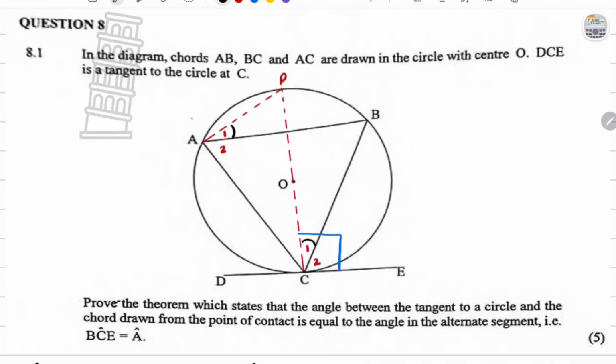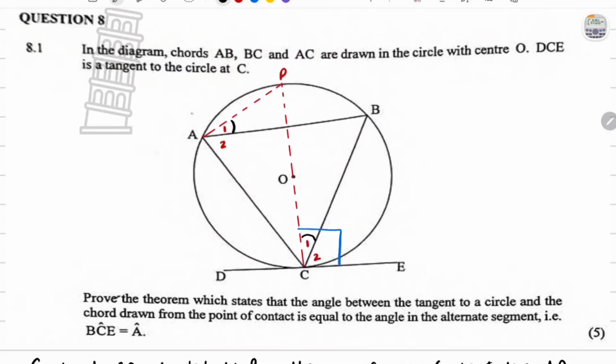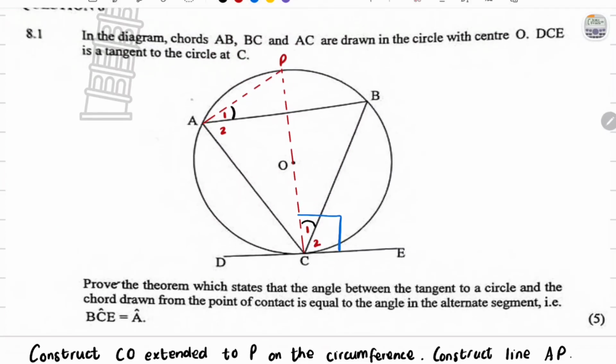Now, if you look at this diagram, there's also another angle that is equal to 90 degrees. This is a diameter, right? And you know that the angle supported by a diameter is equal to 90 degrees. So we have another 90 degree angle there. This is also 90 degrees.